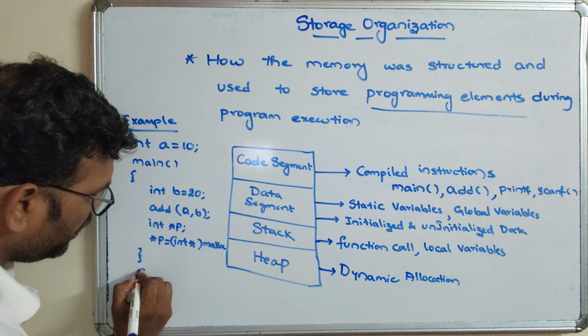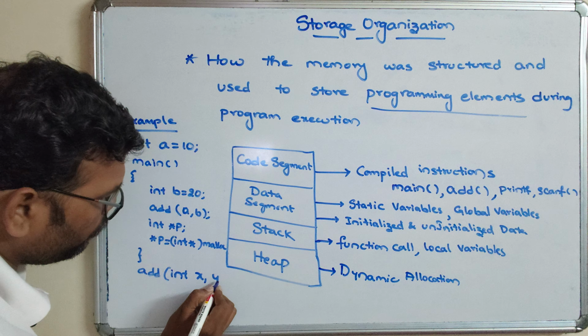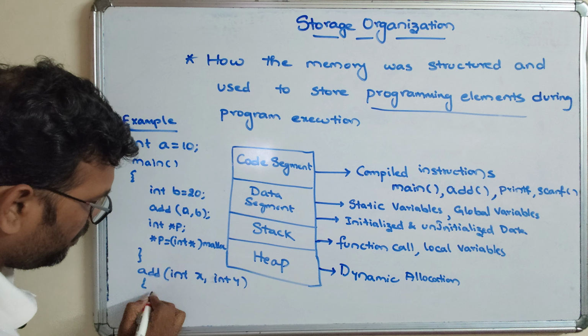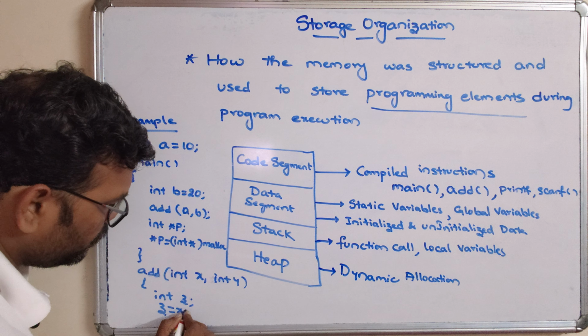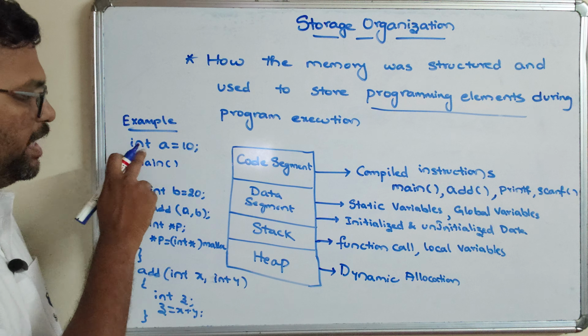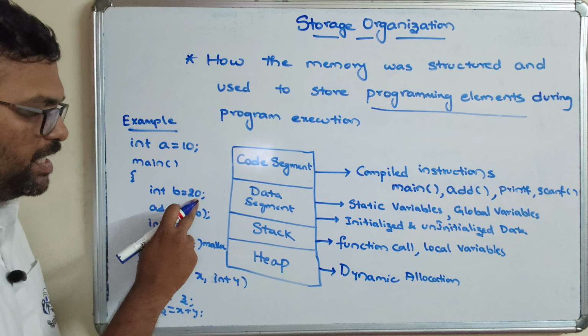Then close, and again add(int x, int y), with int z is equal to x plus y. Hope you understood this program. So int a is equal to 10, and inside the main function int b is equal to 20.